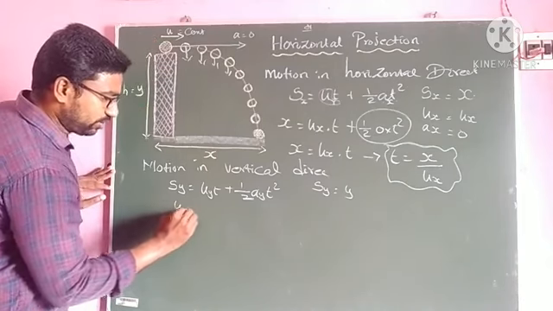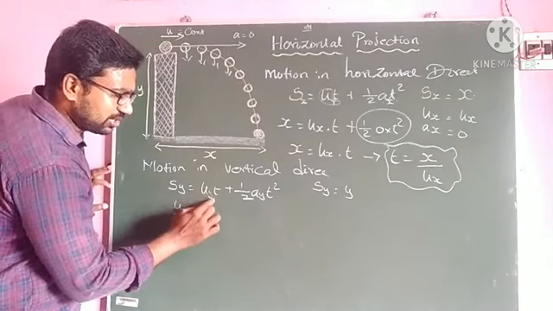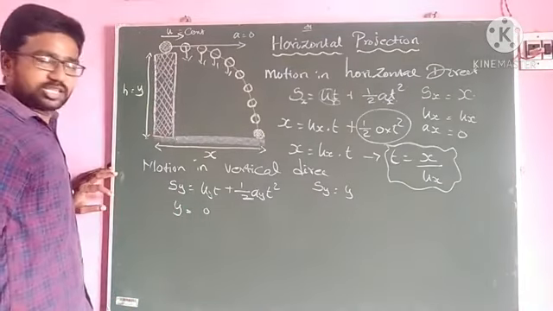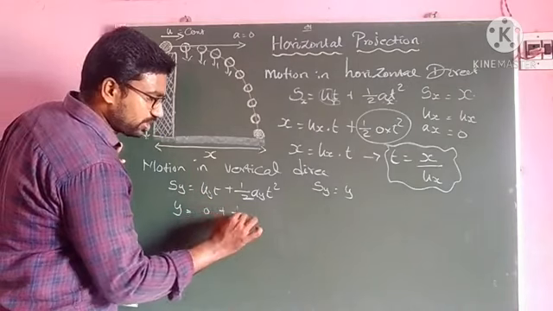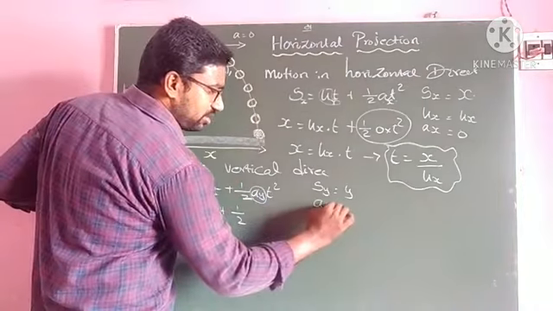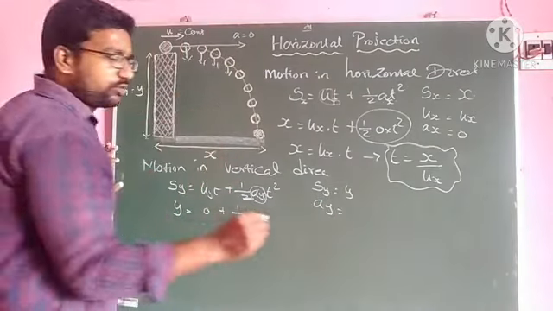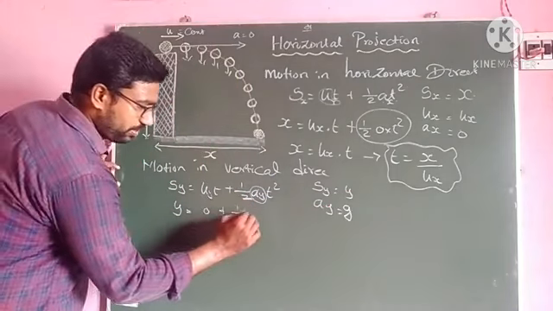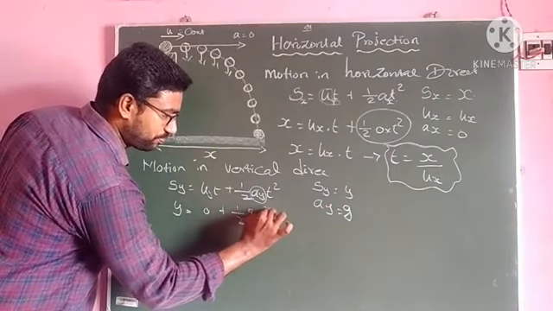So y is equal to, what is the vertical component of velocity? 0. So 0 into anything is 0, plus 1 by 2 Ay. The vertical acceleration is all due to the acceleration due to gravity, so Ay can be taken as g, 1 by 2 g t square.